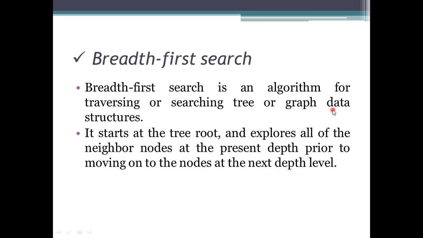Tree-like notation is drawn from top to bottom. Coming to the graph-like notation, we need to start with the root and go for the neighbor nodes, and then the neighbor nodes of those neighbor nodes. Likewise, we will process here.